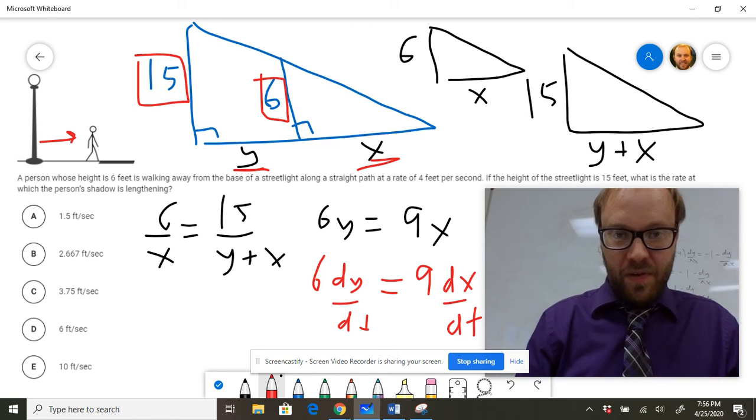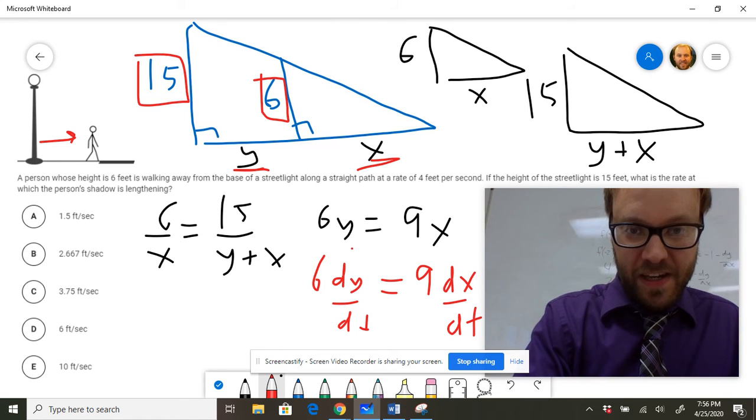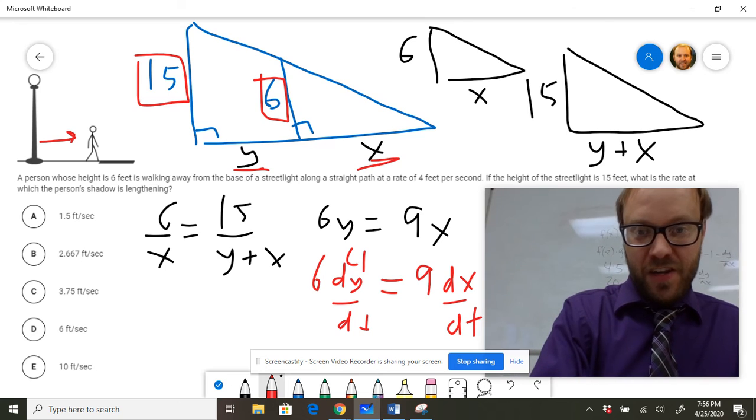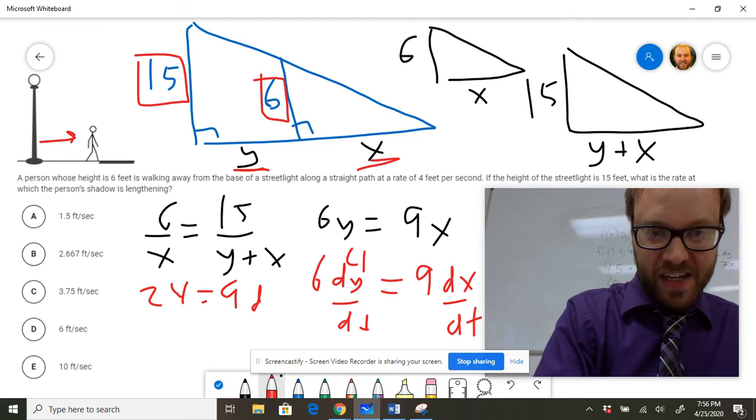And anyway, we should be able to fill all this in now. And there's not a whole lot to fill in. With the person walking away from the pole at a rate of 4 feet per second, that means the dy dt is 4 there. So 6 times 4 is going to be 24. That's equal to 9 times dx dt.